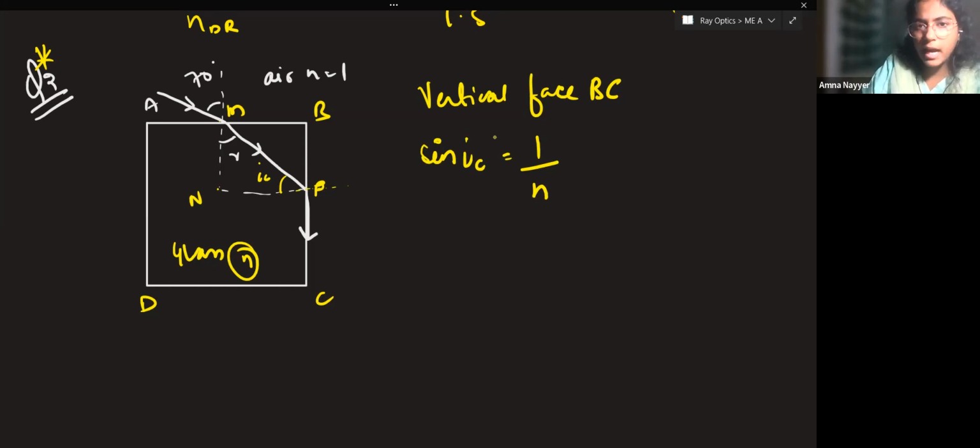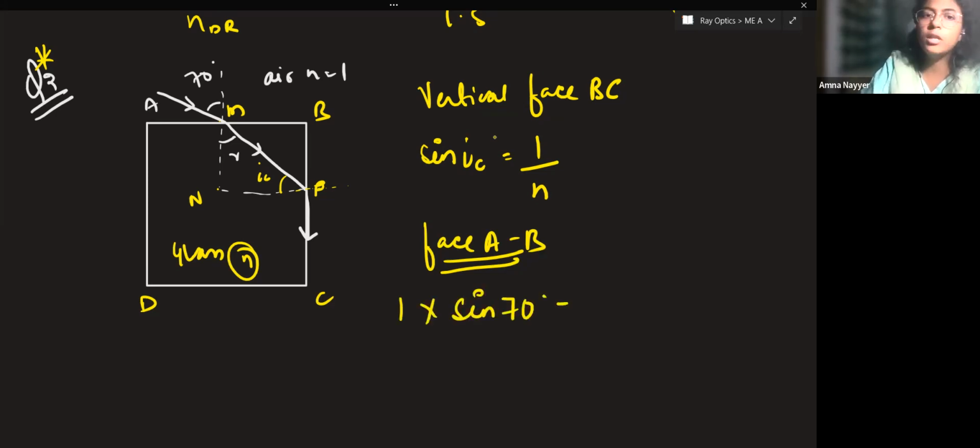Now, apply at point B, for face AB. So, 1 into sin 70 is equal to n into sin r. This is Snell's law applied. One more thing, the value of sin 70 degrees is also given in the question.